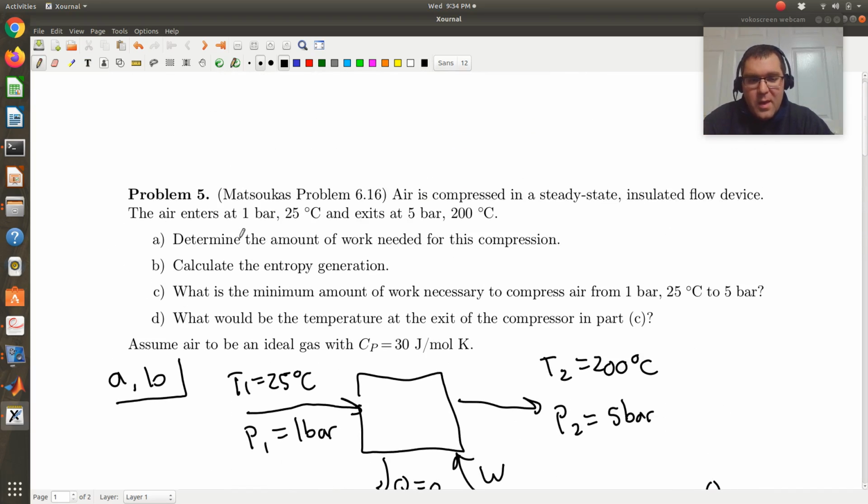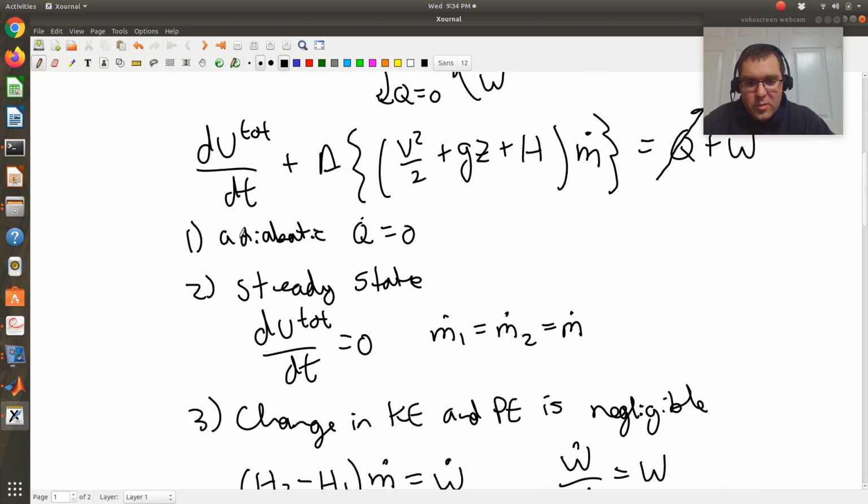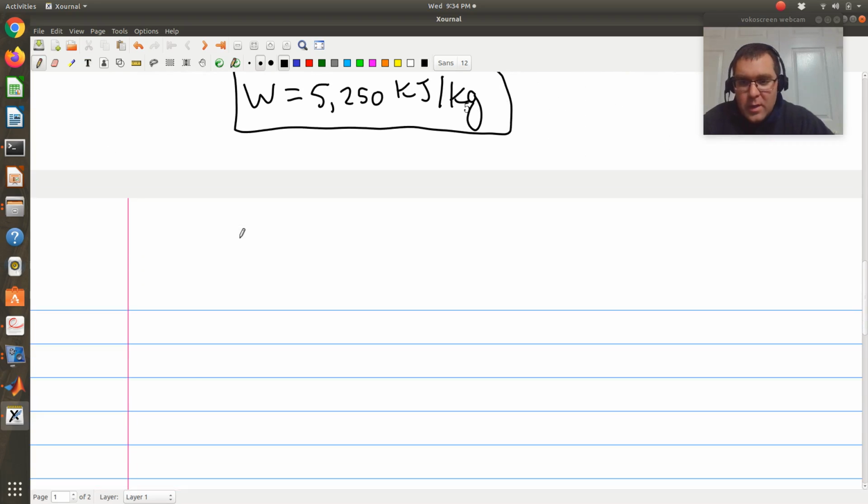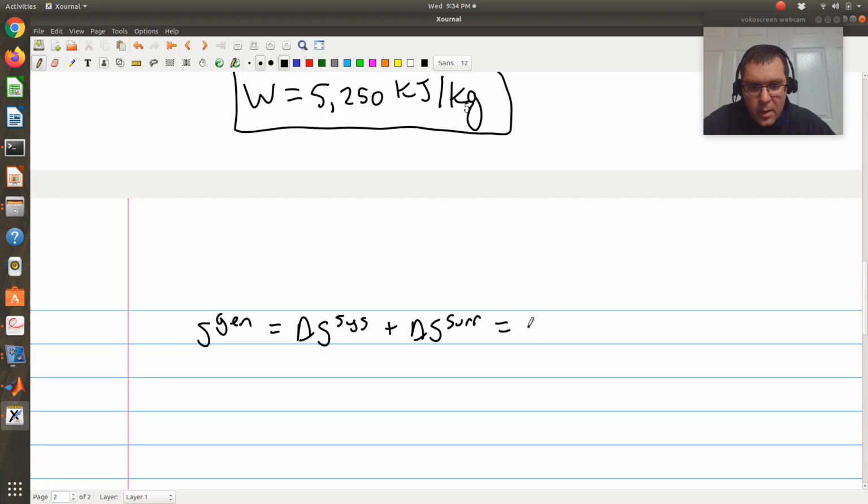And then B, calculate the entropy generation. Well, to calculate my entropy generation, thinking back to chapter 4, S gen is going to be equal to delta S of my system plus delta S of my surroundings. Let me write it out separately.